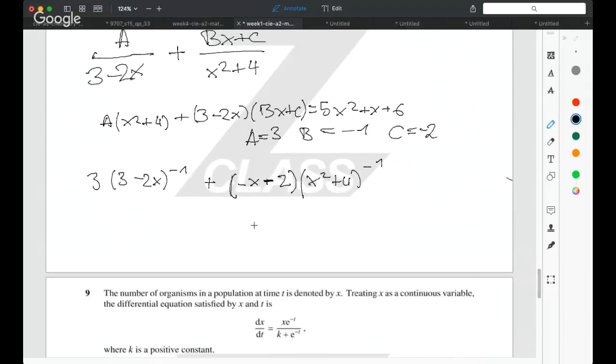And for this now, I can use one of the binomial expansion formulas, but I need to make that 1. So I can have 1 plus minus 2x, and I'm dividing this by 3. You know how to do the binomial expansion? I think so. Yeah.